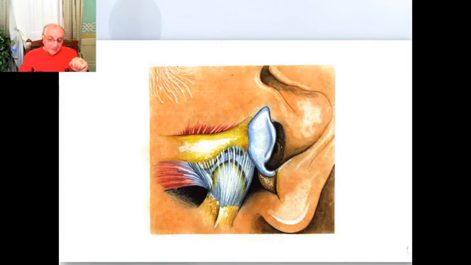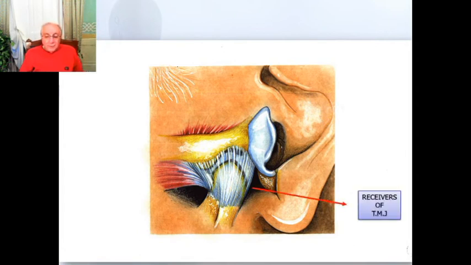The other thing is, in this particular joint, we have a lot of receptors. But the main receptors are on the back of the TMJs. These are the most important receptors of the joints, because in this area comes all the blood, nutrition and innervation of the joint.